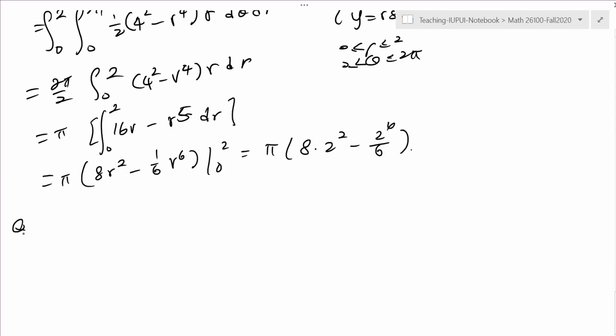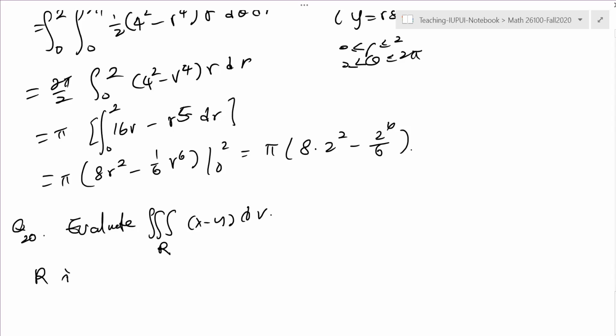So now let's take a look at another problem, number 20. Evaluate this triple integral of x minus y dV.